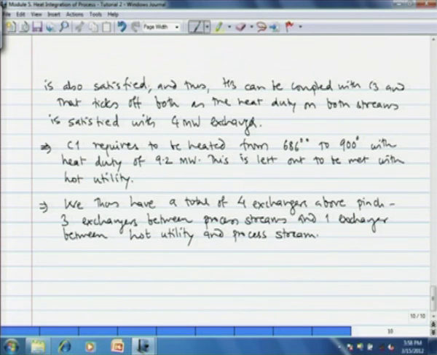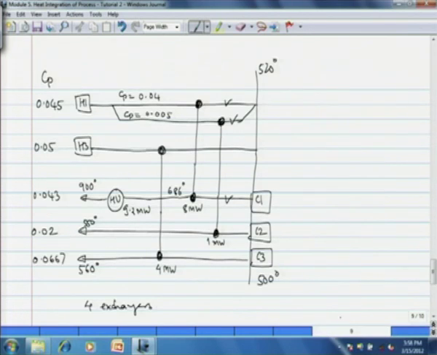So, that completes the pinch design, or the pinch heat exchanger network design, above pinch.